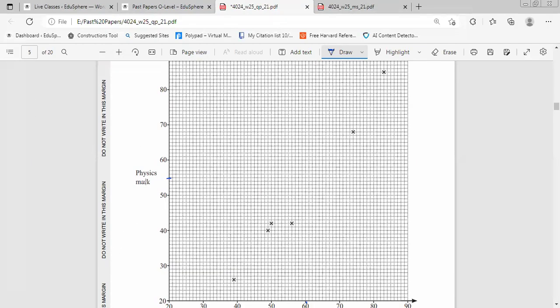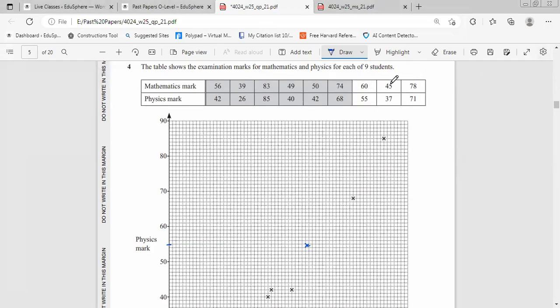To check the exact point, I'm just making a line so I can see, for 60, it's actually going to be this point.